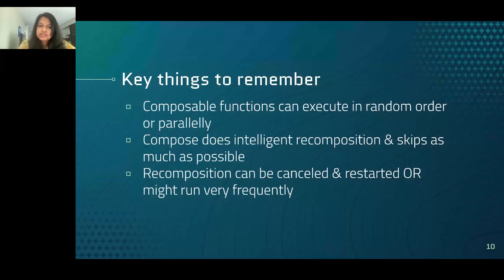Compose might want to efficiently carry out the multiple composable functions, so it might execute them at the same time, in parallel. And again, we don't want them to have any side effects because it is also possible that the invocation of the composable function is on a different thread. And so you don't want to be modifying some variable, to prevent any unintended outcomes.